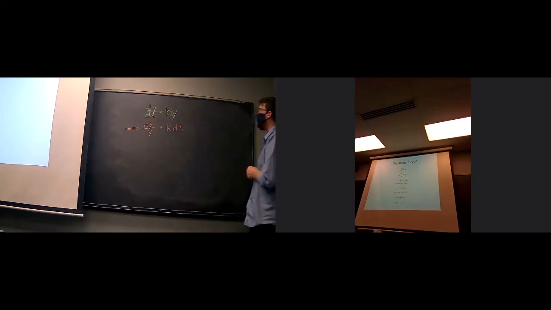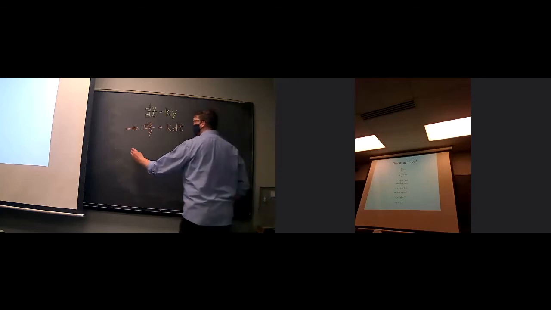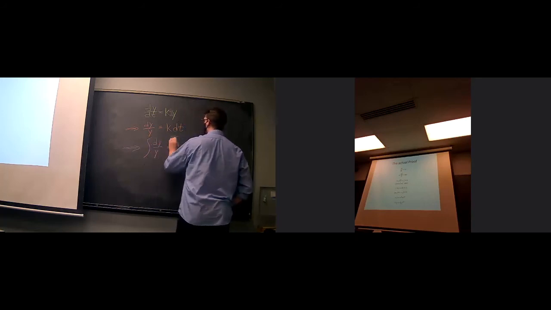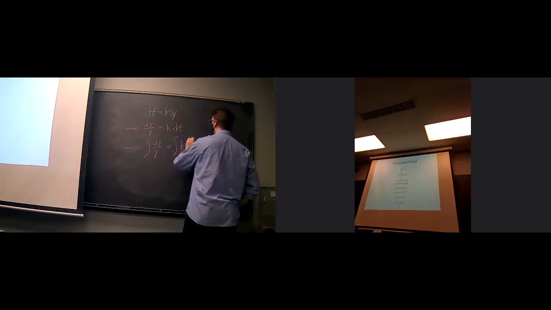Now the boogeyman from next chapter is going to rear its head here. I'm going to apply what's called an integral. The integral of dy over y is equal to the integral of k dt.